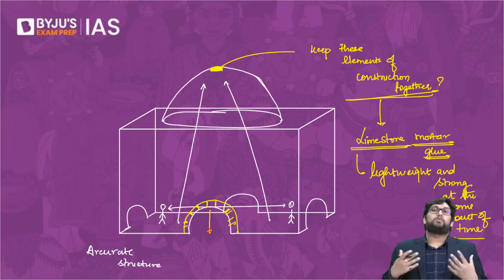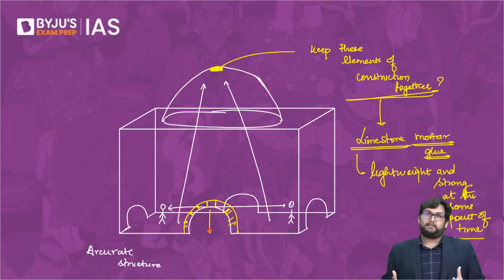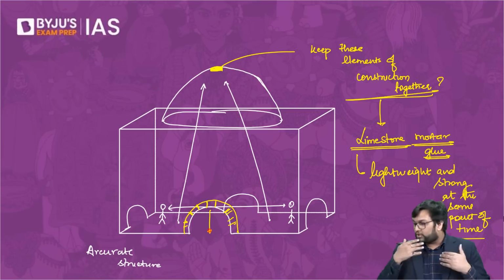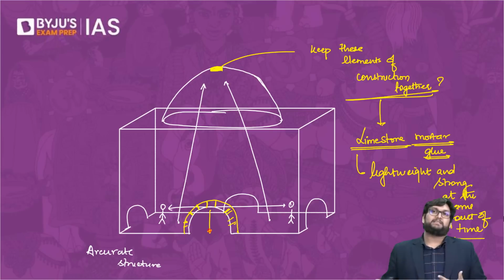Arcuate structures mostly do not have pillars. Trabeate structures have a pillar. Arcuate is a structure. Dome is a device. It's an architectural device. So again, I am still answering your question.